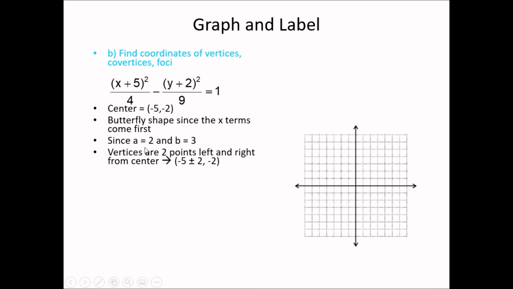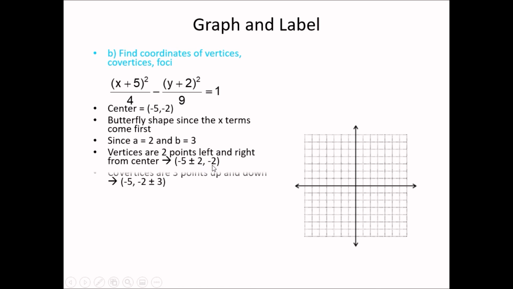Okay. Now, vertices. Balikan niyo yung notes natin kanina. Yung vertices natin for butterfly is h plus minus a, k. Ba, yung coordinate natin for vertices is h plus minus a, then k. H is -5 plus minus a is 2, and then k, which is -2.